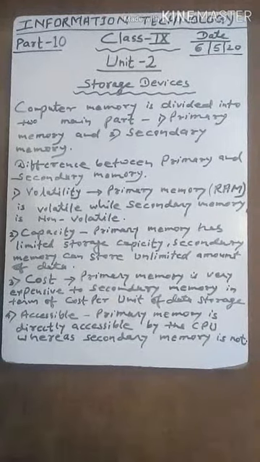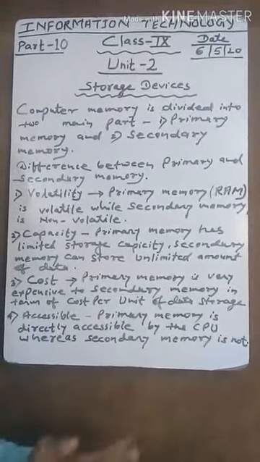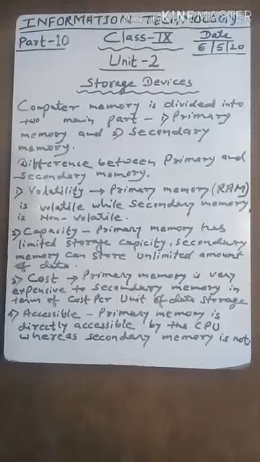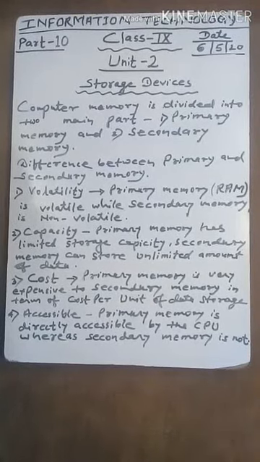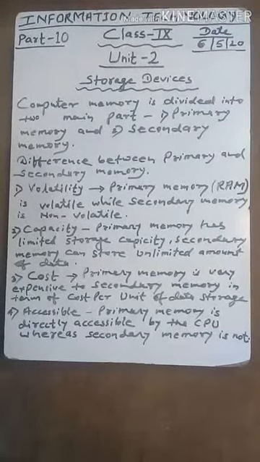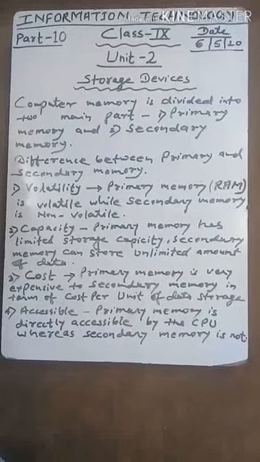It stores only a few data, but secondary memory can store an unlimited amount of data. If there is a lot of memory in your system, you can store a lot of data, that is capacity.